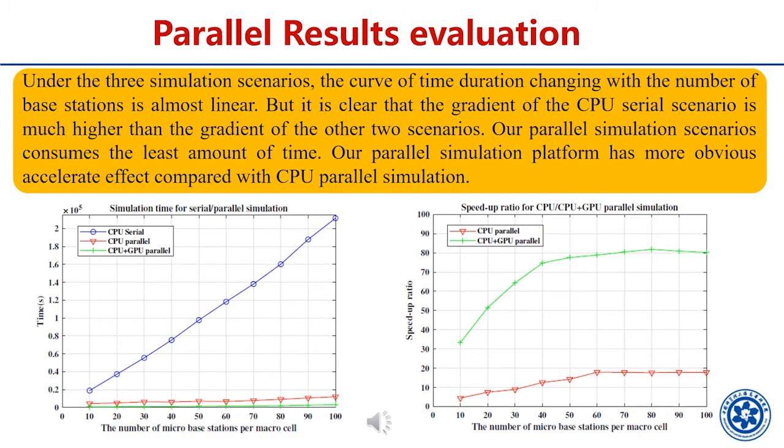In the three simulation scenarios, the curve of time duration changing with the number of base stations is almost linear, but it is clear that the gradient of the CPU serial scenario is much higher than the gradient of the other two scenarios.